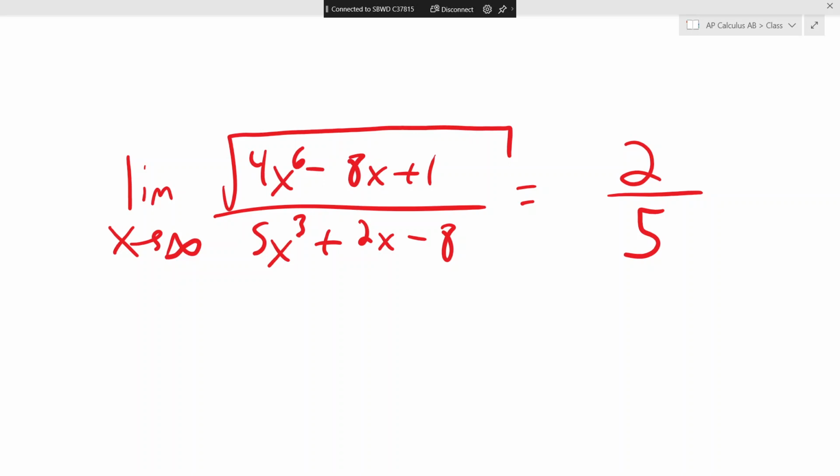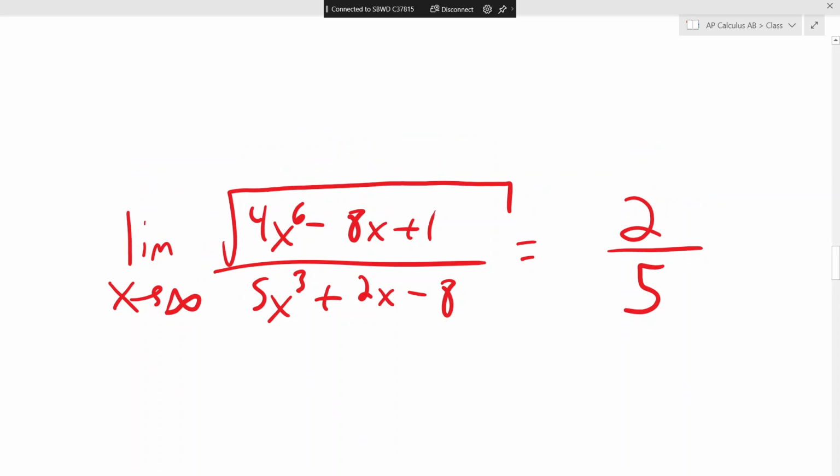So hold on. Let's make sure, gang. Listen to me carefully here. The top does not reduce to x cubed. There's a plus and minus in there. You cannot simplify that like that. What I'm saying is that when x is really, really big, the only thing that matters up there is the 4x to the 6th.